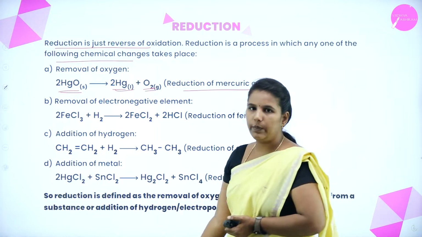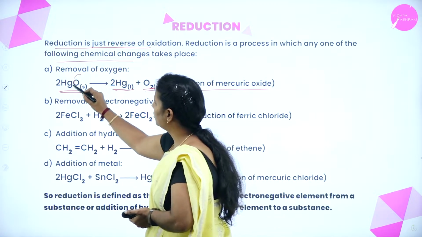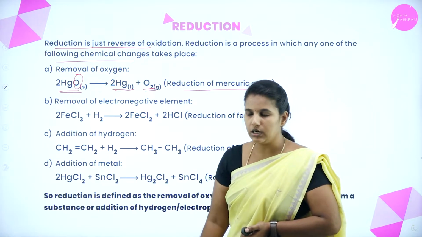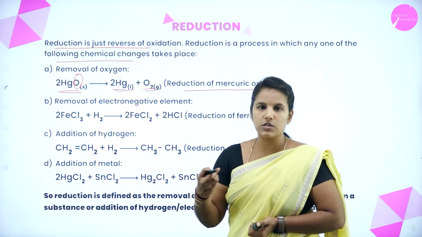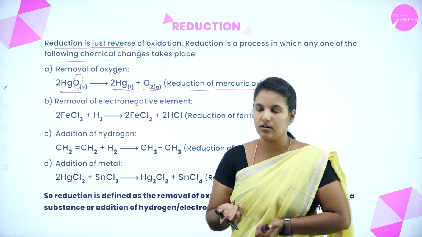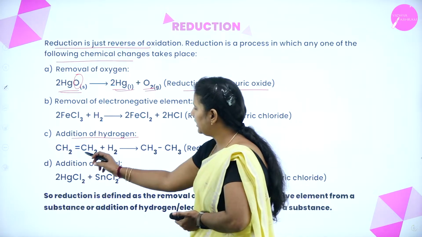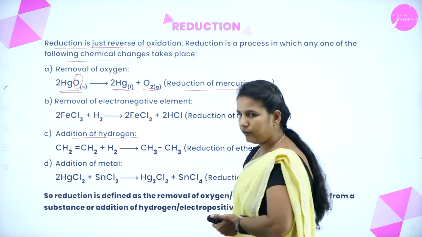Hence, reduction takes place, where you are taking out the oxygen from this mercuric oxide. Understood? Because you are removing the oxygen, it is a reduction. In terms of hydrogen, I have taken ethene along with hydrogen.